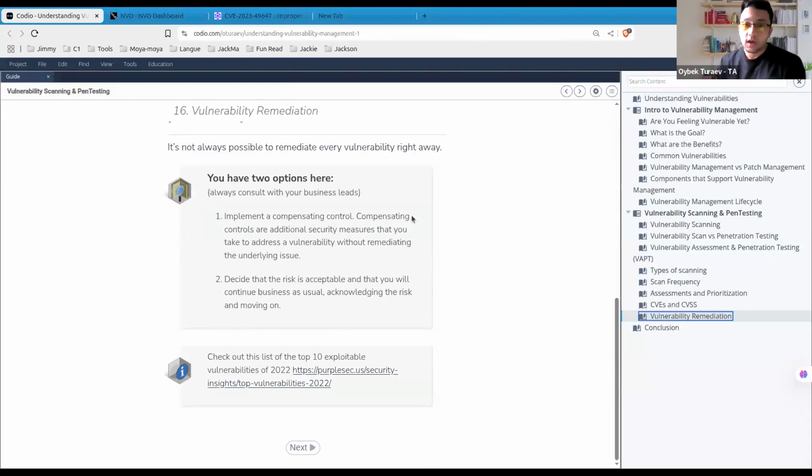That's why we have to choose a compensating control. What is a compensating control? This mechanism, this technology in cybersecurity helps us to address the vulnerability without remediating the underlying issue. You see, the issue still exists, but we have covered it with another security layer to make it harder for the attacker to exploit it, or at least to provide the same level of security.